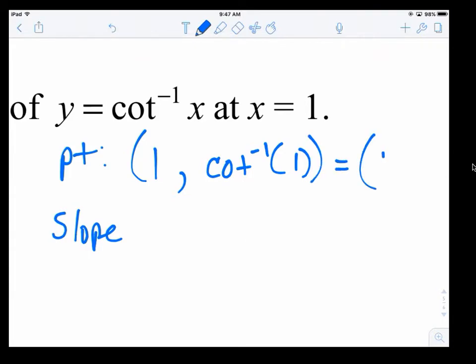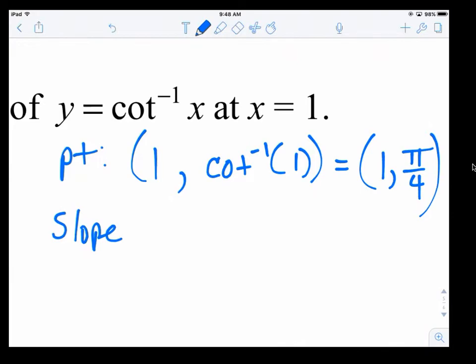So you have to think, where does cotangent give me positive 1? Where does tangent give you positive 1? 45 degrees, which is the same thing as radical 2 over 2 over radical 2 over 2, which comes out to be 1. Cotangent is the same thing as that, so the y value would be pi over 4.